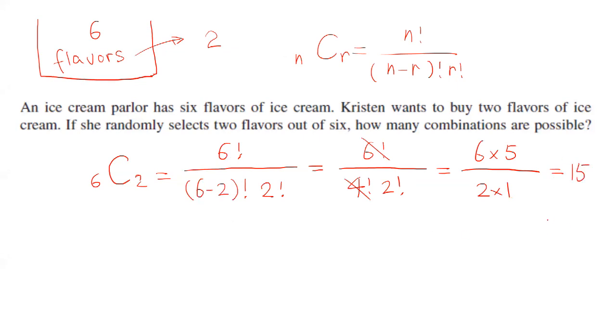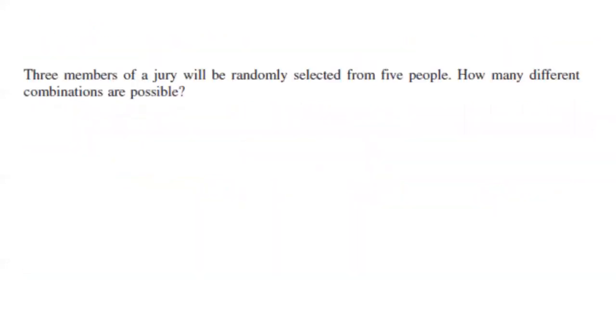So in summary, there are 15 ways of choosing 2 flavors out of 6 flavors. Any questions? No? Okay. Let's see another example.